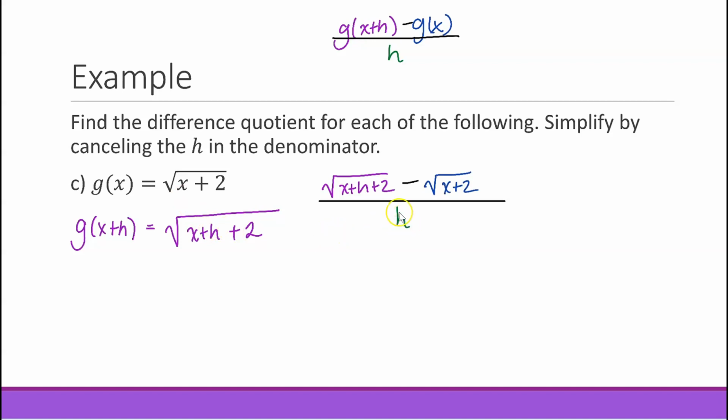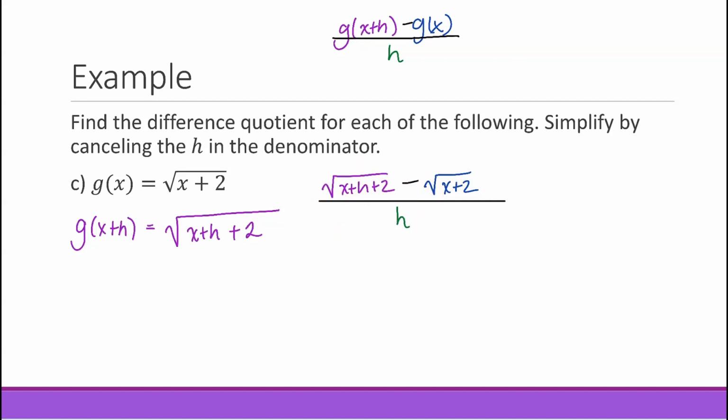Now the goal here is to eliminate this h on the bottom. And when I have square roots involved, the strategy that we're going to use is to multiply by the conjugate. So this is just knowing this through practice. The way that we're going to even have something to start with here is using the strategy of multiplying by a conjugate. And how we know to do that is when it involves roots, square roots.